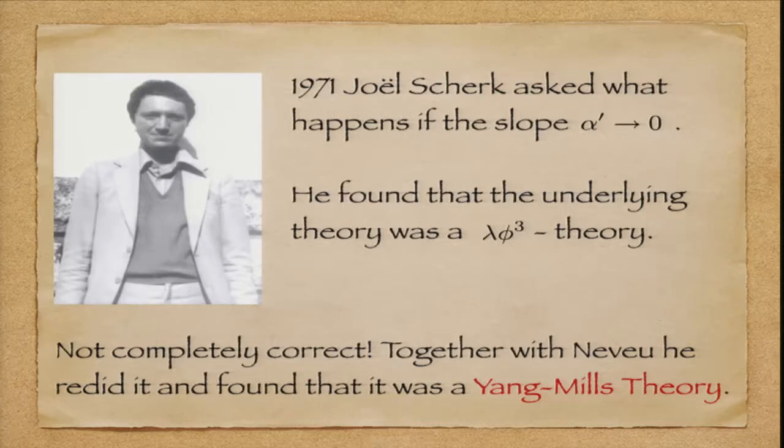But for the first time, you see that it's connected to quantum field theory somehow. Then it was not completely correct. So together with Neveu, they found that, in fact, by doing that, you can get a Yang-Mills theory. You get it in a funny gauge, but it follows all the rules. So this theory, which came from some very different aspects, had in it a Yang-Mills theory.